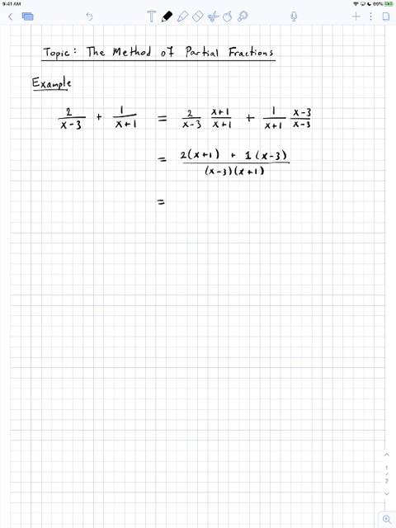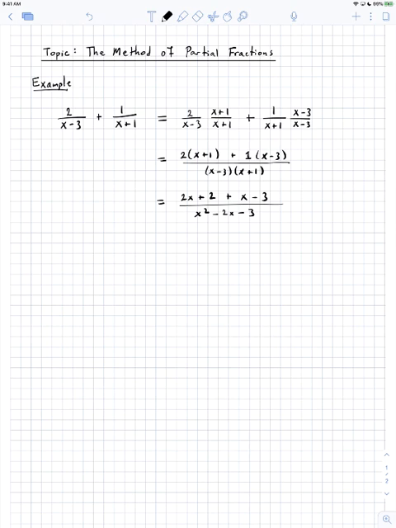The numerator will just distribute: 2x plus 2 plus x minus 3. And in the denominator, we have x squared minus 3x plus 1x is a minus 2x, then minus 3 times 1 is a minus 3.